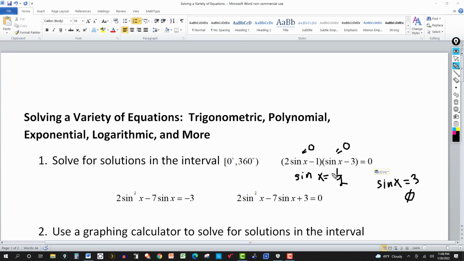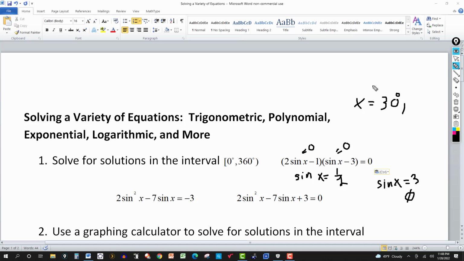And sine of x equal to 1/2, we want the angle or angles that have a sine equal to 1/2. If you know your 30-60 reference triangles, you should know that in this case the angle should be 30 degrees. So the sine of 30 degrees is 1/2. And if you have the sine of an angle positive, and it's an acute angle in quadrant 1, there's a corresponding angle in quadrant 2 that also has the same value.